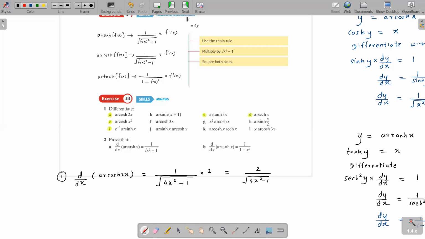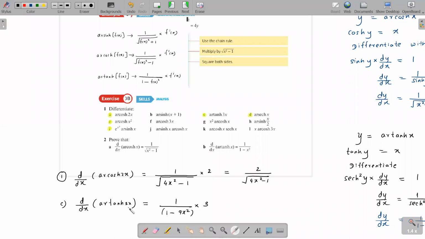Is that okay? Then the next one, part C. I have highlighted part C. Let's differentiate arc tanh 3x. So arc tanh 3x differentiation is 1 over 1 minus f(x) square, where f(x) is 3x. So when you square 3x, you get 9x square, into f dash x, the 3x differentiation, which is 3.